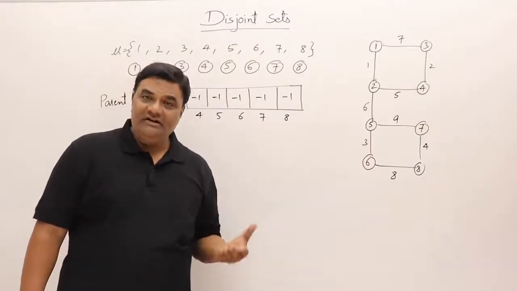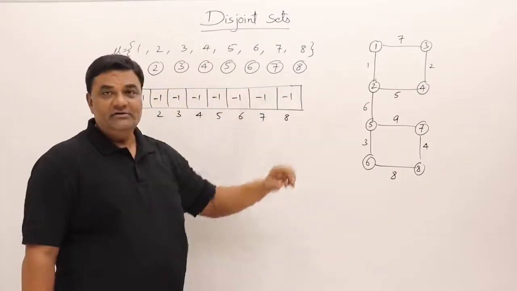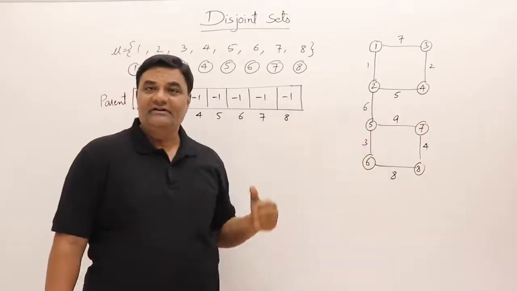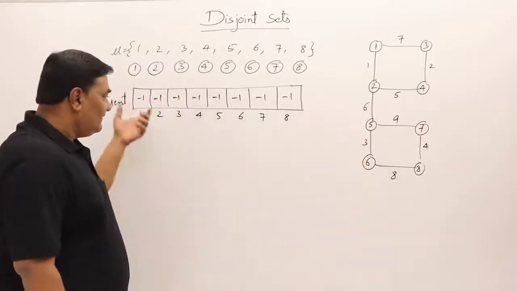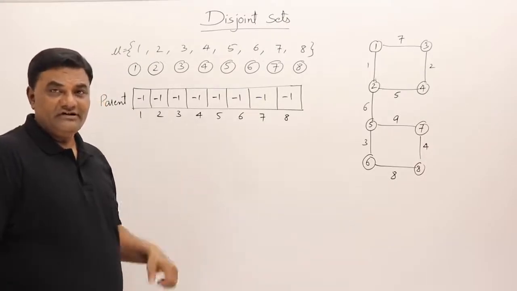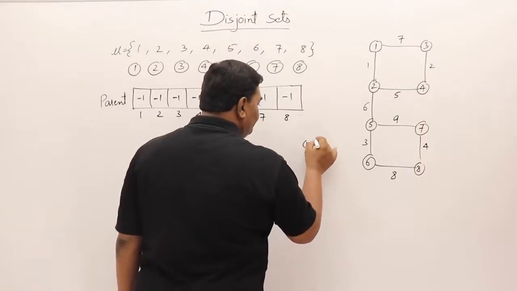Next, to show you graphically how it looks, I have even taken these 8 nodes. Now let us perform the same thing on this graph and see how we will represent sets in an array, and also I will show it graphically. So first edge 1, 2.